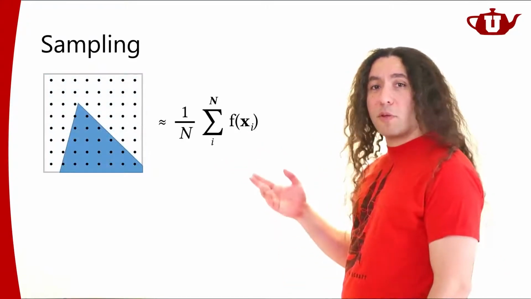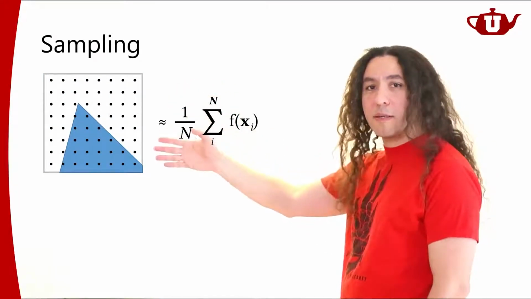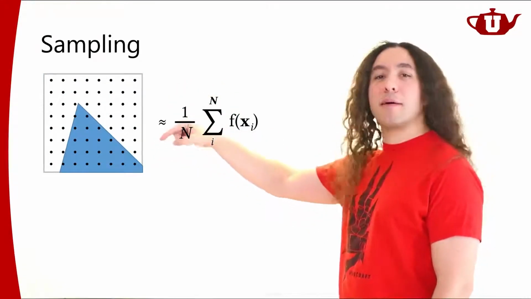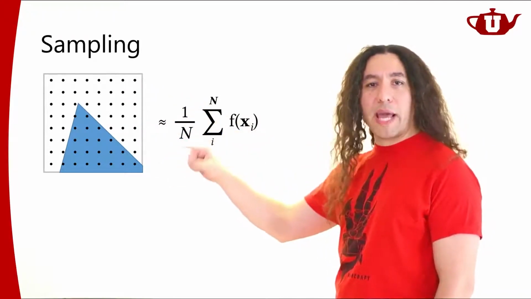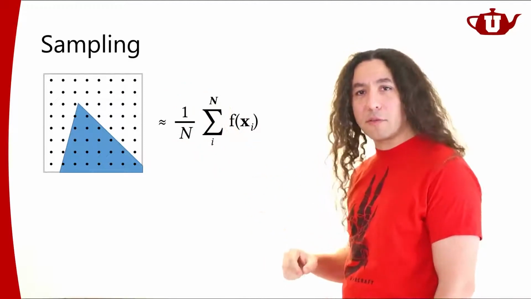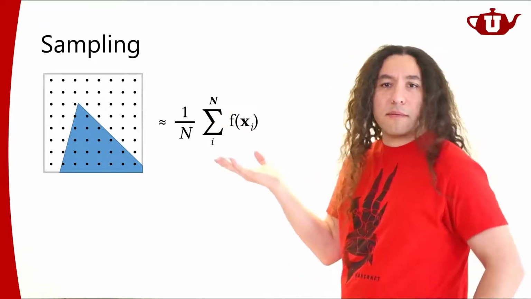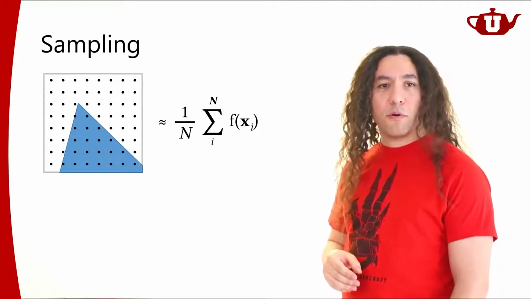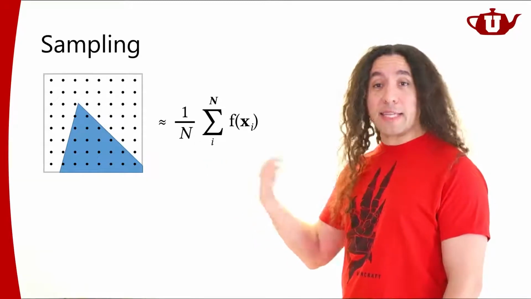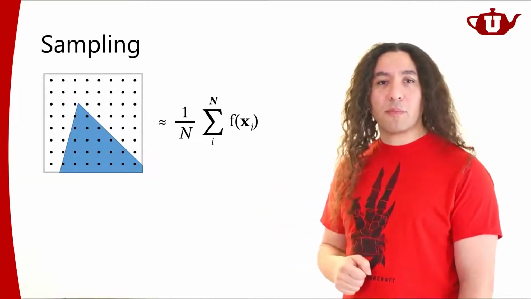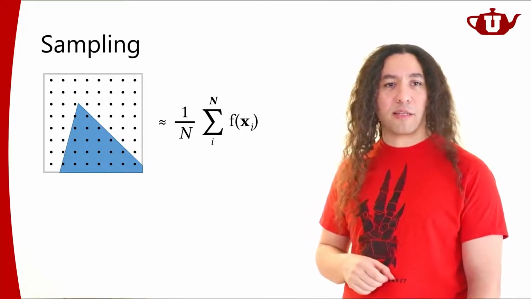So I can compute the value of f for any sample point, and if I count the samples that correspond to the triangle and the samples that correspond to the background, using the average of these colors, I can come up with the expected color for this pixel, right? So as you can see, as n goes to infinity, as I increase my number of samples, I'm going to get a more and more accurate approximation of what the color is supposed to be.